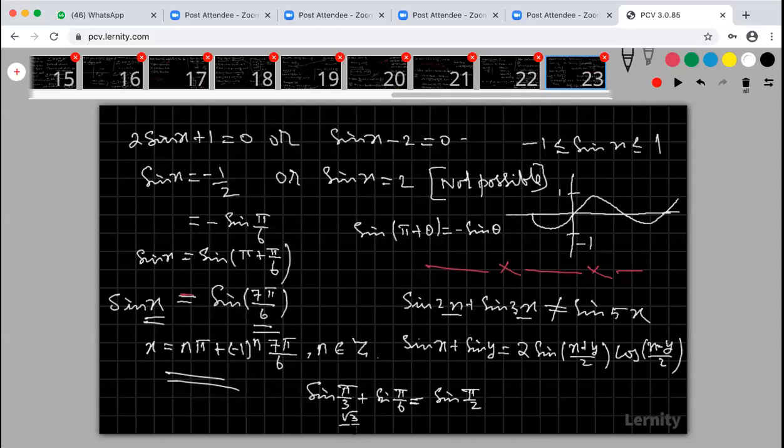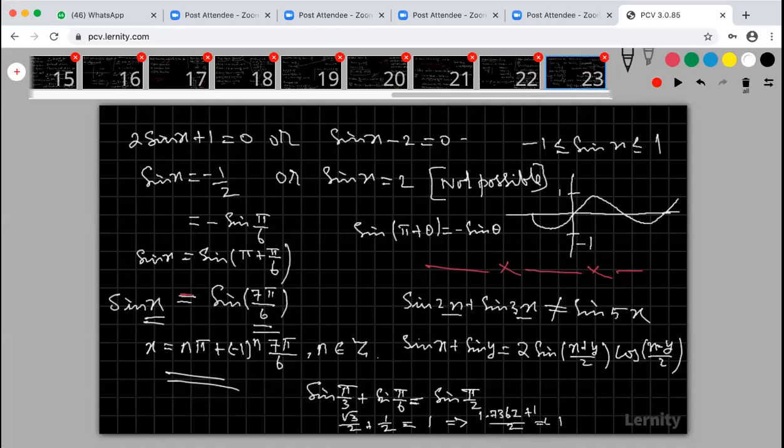That is root 3 by 2. What is sine pi by 6? That is 1 by 2. What is sine 90? It is 1. If you take 2 commonly, root 3 plus 1 divided by 2. These two are not equal. Root 3 is 1.732, plus 1, divided by 2. So this is not equal to 1 because this is 2 point something.